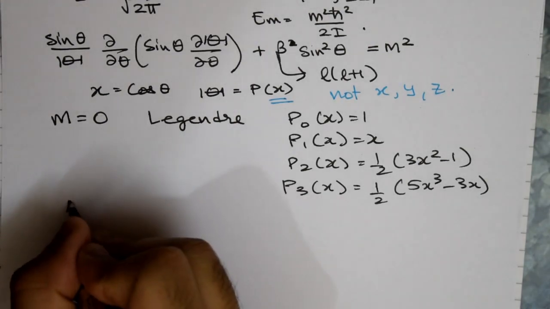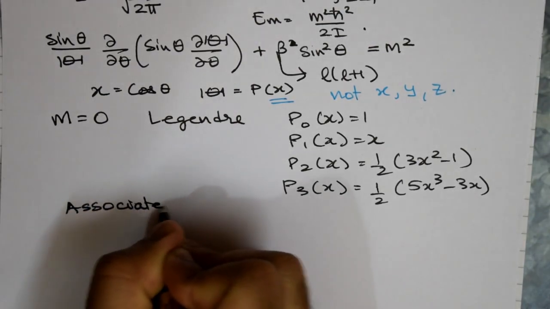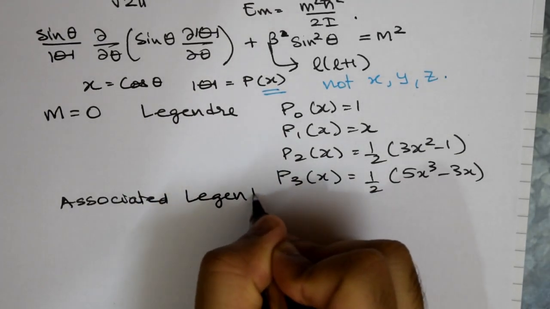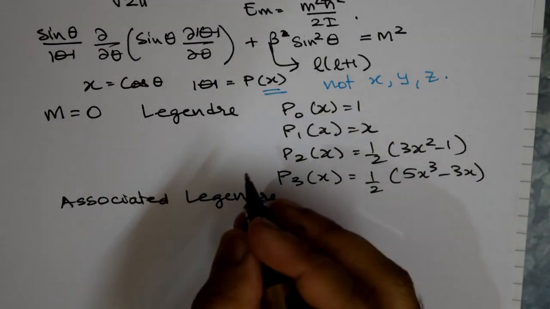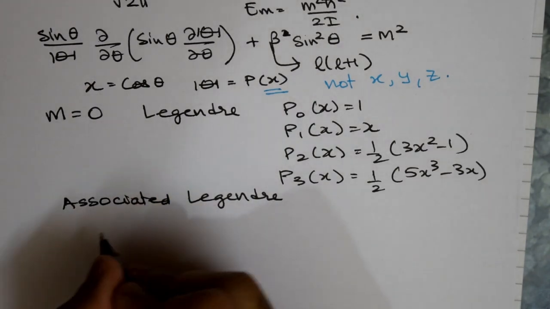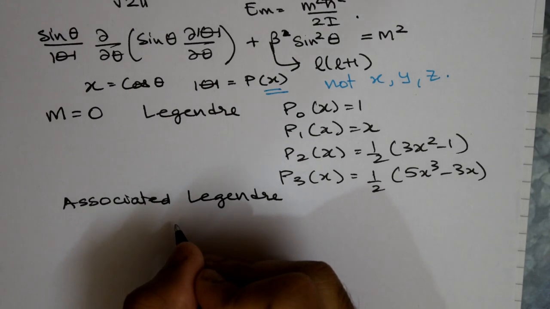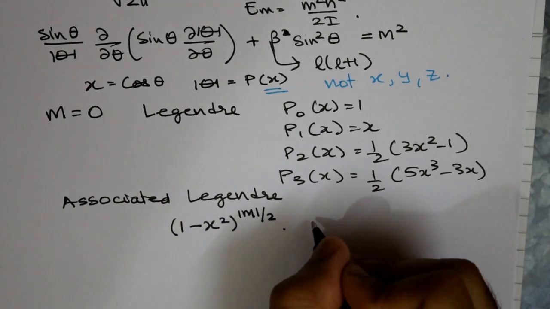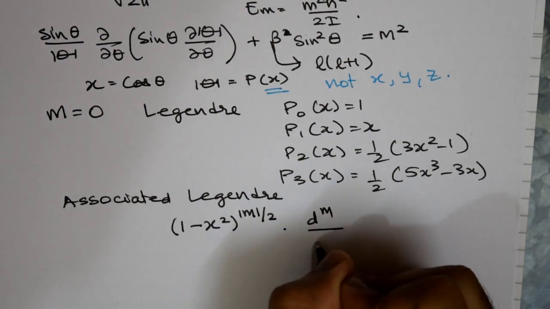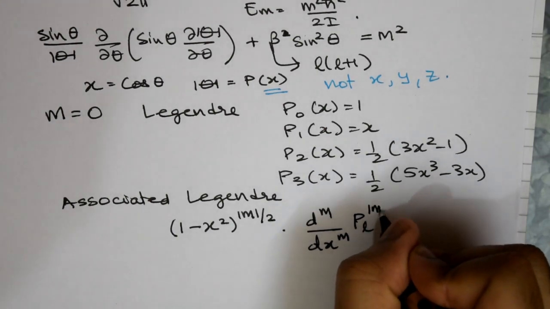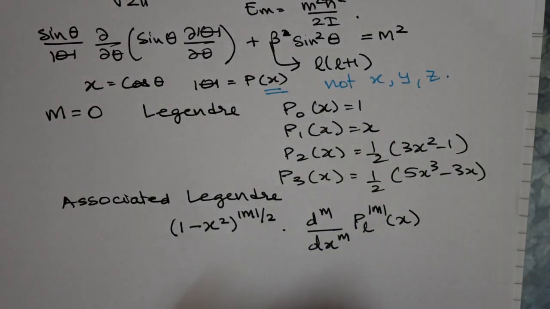Then we also said there are associated Legendre polynomials that can be deduced from this, where for m not equal to 0, this will be given by 1 minus x square to the power mod m divided by 2, times d^m, the mth differential with respect to the new variable x, of P_L mod m of x.